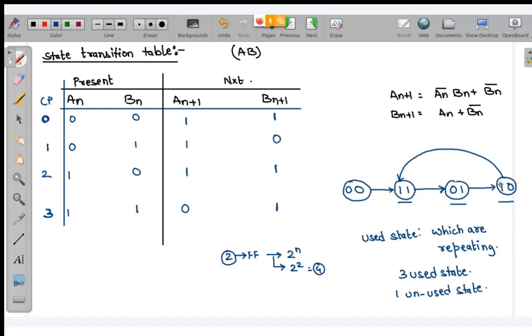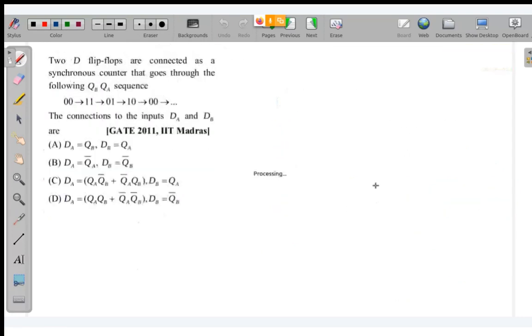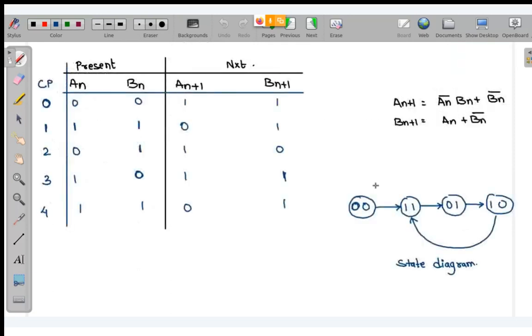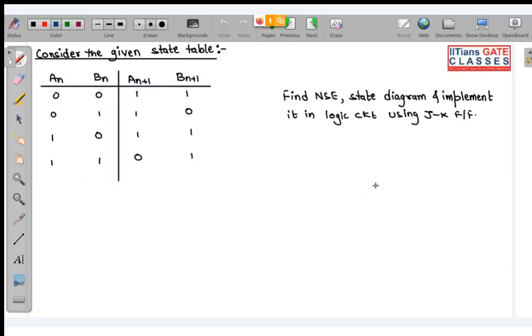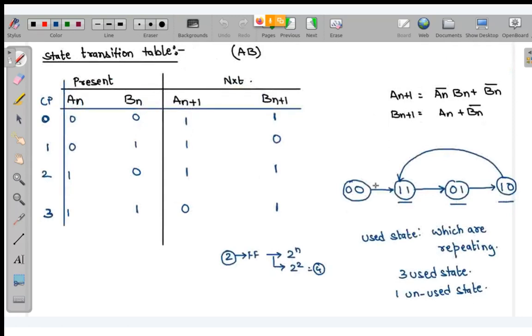These 3 are your used states and this one is your unused state. Self-starting counter I will tell you later. Fine. Any doubt up to this point? Used state, unused state?